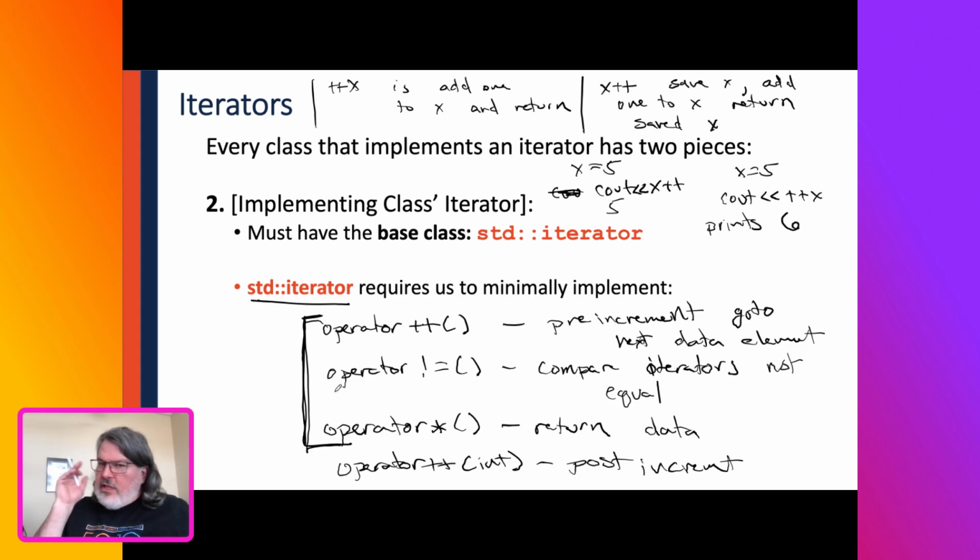Okay, so let's think about this. When it says implement, that means we have to write the methods that do these things. Yes, whoever is implementing an iterator interface must write these methods. Pre-increment is plus plus x. Okay.